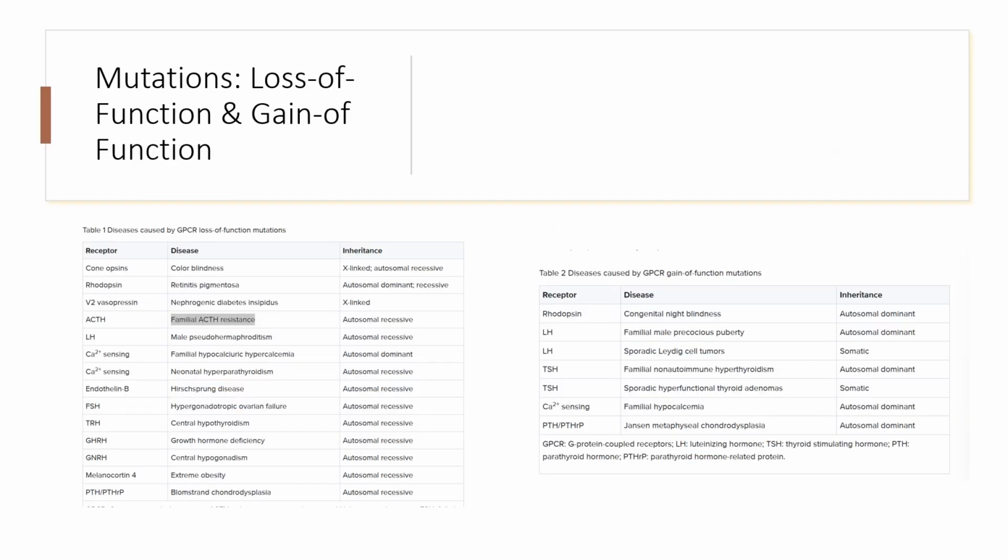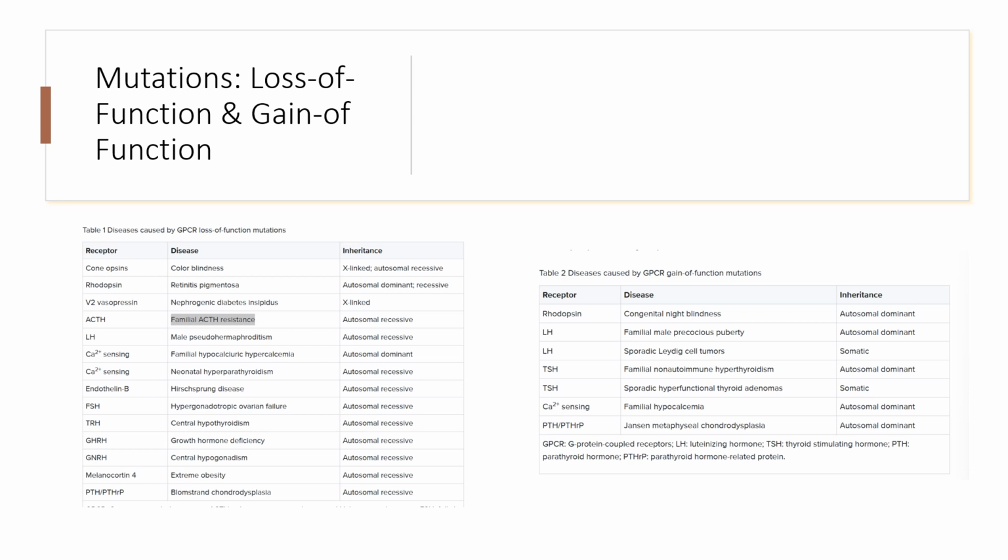Any mutation that does occur from a misfolding, or that prevents the receptor from reaching the plasma membrane, does lead to a list of many rare diseases that are either a loss of function or a gain of function. On the left-hand side are diseases caused by a loss of function, with the receptor, disease, and its inheritance.